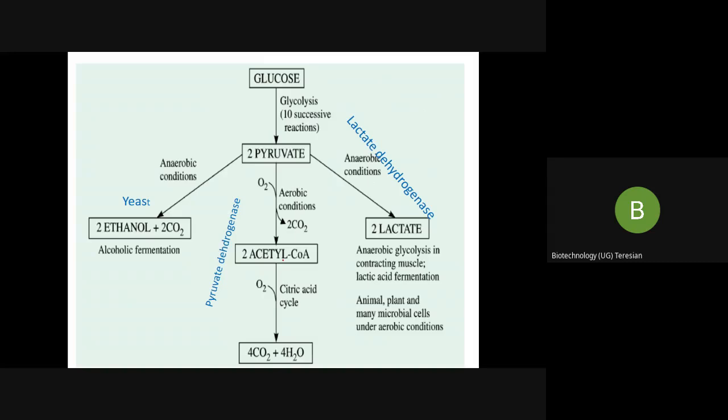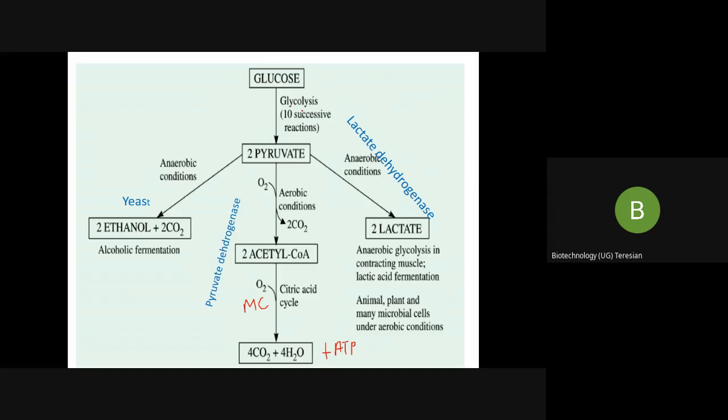This acetyl-CoA enters into the TCA cycle or citric acid cycle, which occurs in the mitochondria, and then it produces carbon dioxide and water, and a massive amount of ATP. So this process occurs in the mitochondria, whereas glycolysis occurs in your cytoplasm.